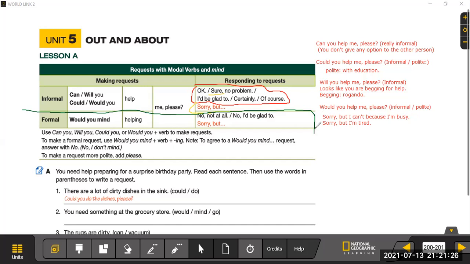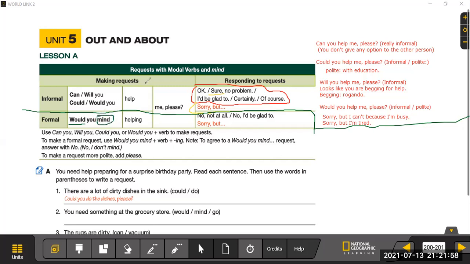Okay, teacher. So we're going to see the second part of this grammar. I think we are not going to have time for the next grammar, but it's okay. So, miren, the second part of this grammar, pay attention to that because it's a little confusing. Okay. So we have would you mind? Modal verb with mind.